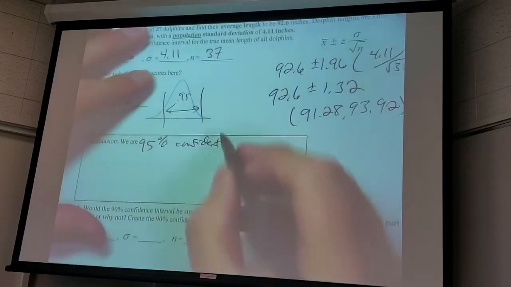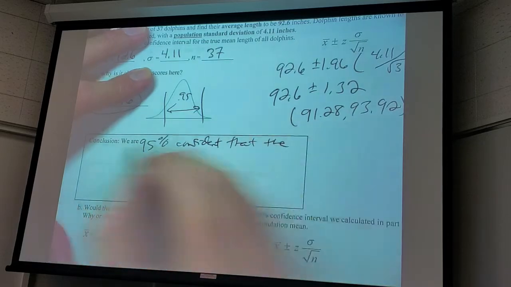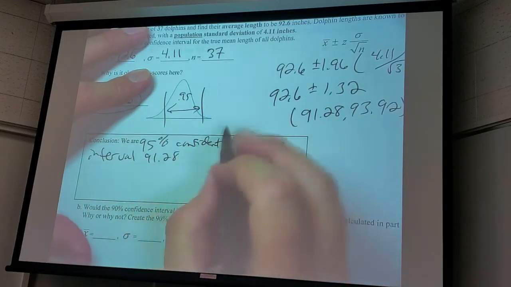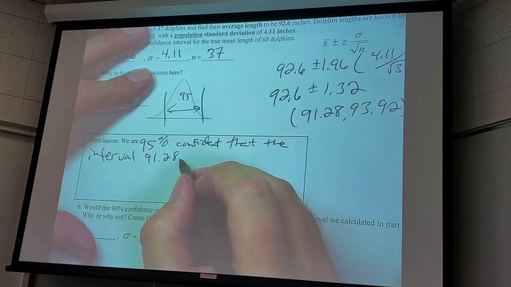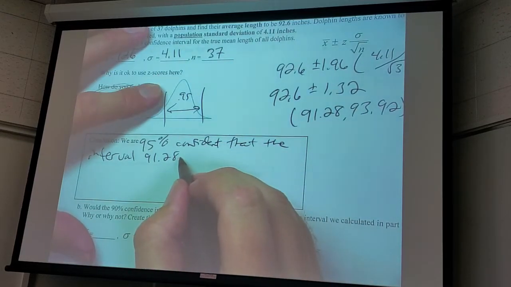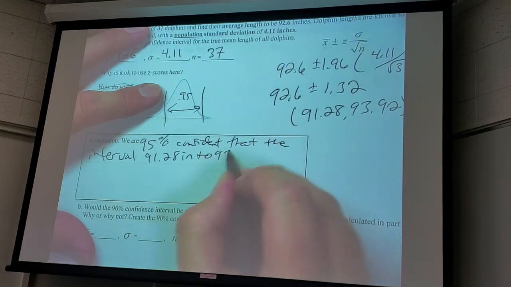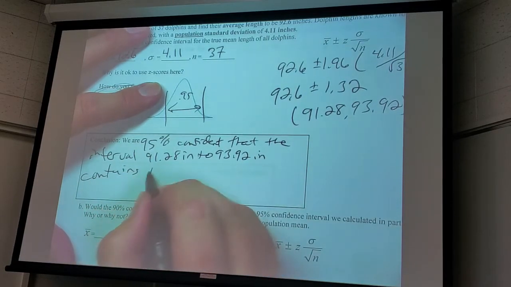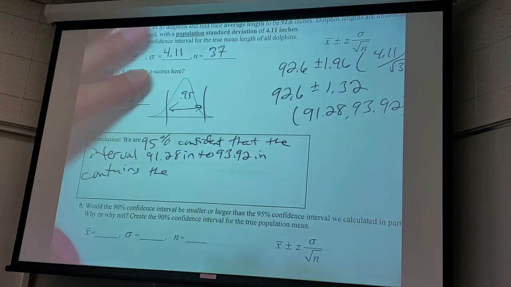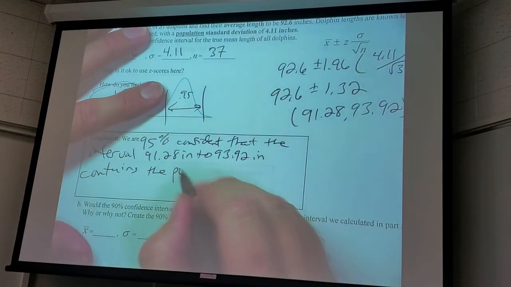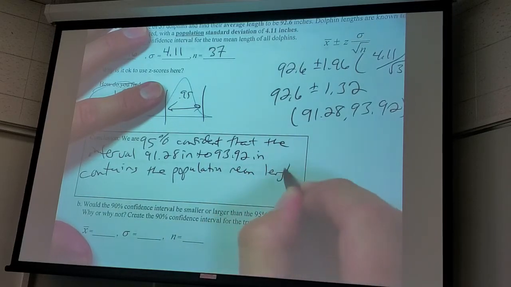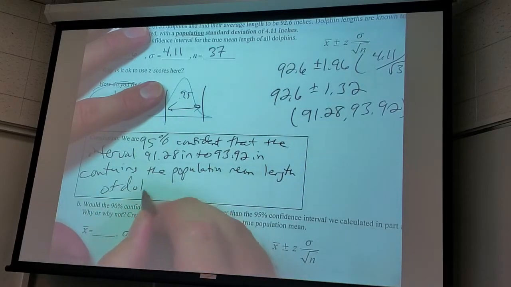So we are 95% confident that the interval 91.28 inches to 93.92 inches contains the population mean length of dolphins in this area.